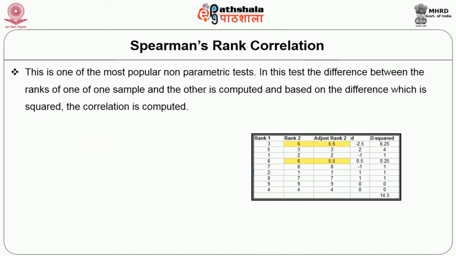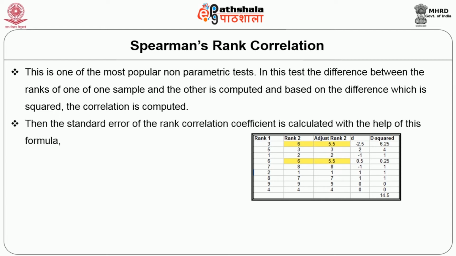The next test is Spearman's rank correlation. This is one of the most popular non-parametric tests. In this test, the difference between the ranks of one sample and the other is computed and squared, and based on it the correlation is computed. Then the standard error of the rank correlation coefficient is calculated with the help of a formula.